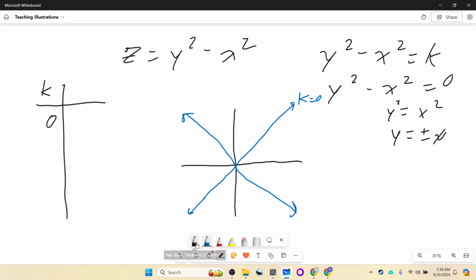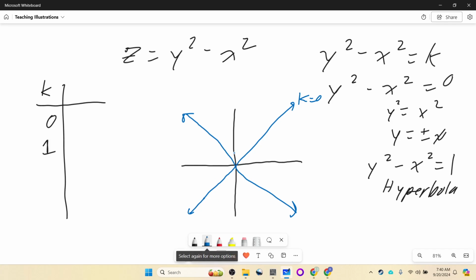Now let's plug in 1. If k is 1, y squared minus x squared is 1. That is a hyperbola. It's going to open upward because the y squared part is positive, so y always has to be greater than x for this to be true.